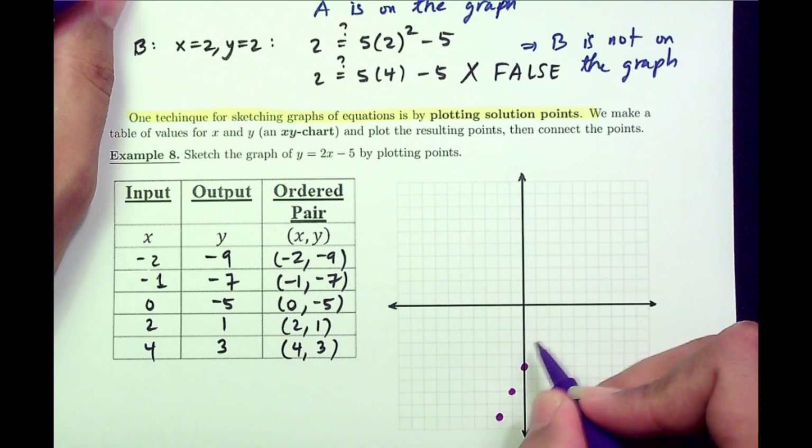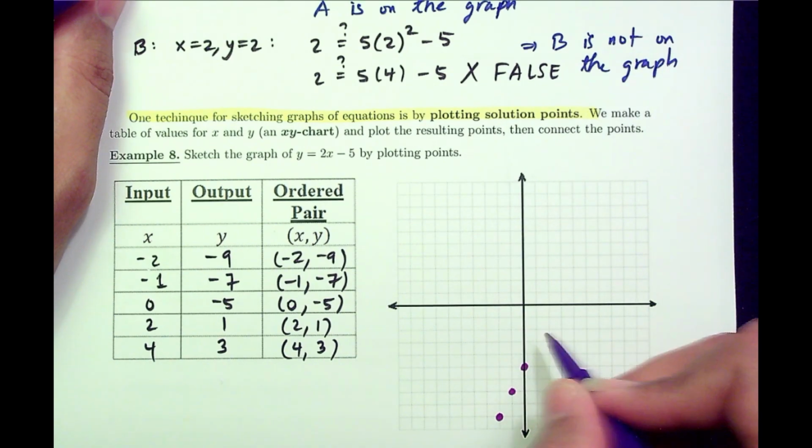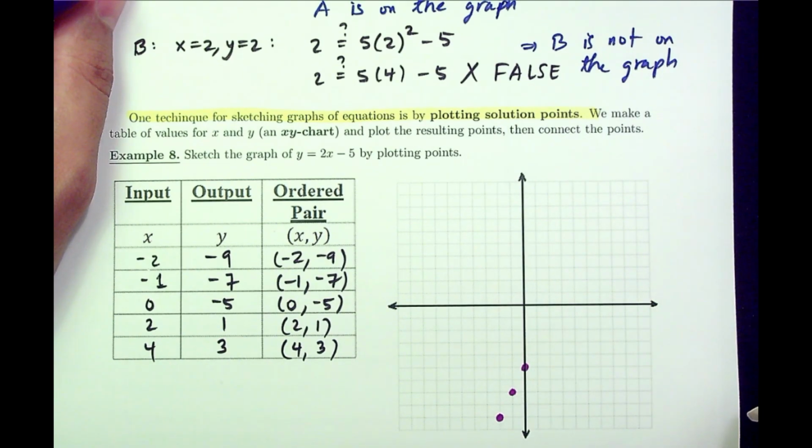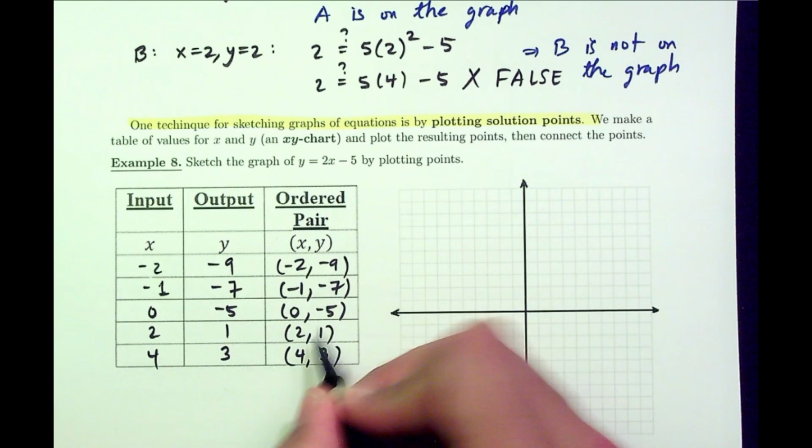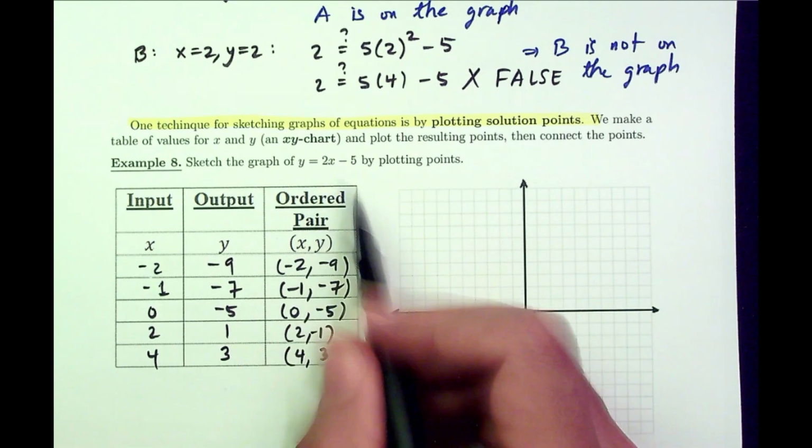Then 2. When you plug in 2, you actually get -1. That's a little mistake there. When you plug in 2, you get -1.